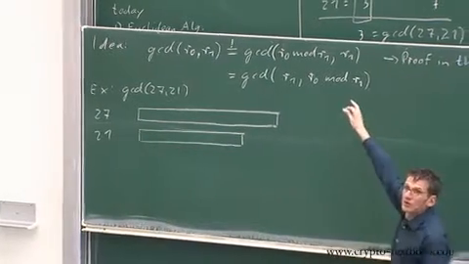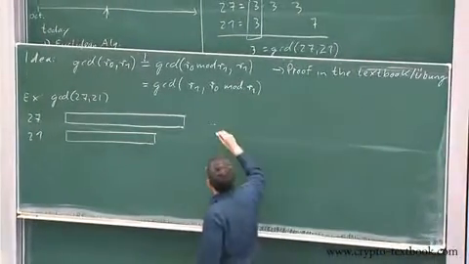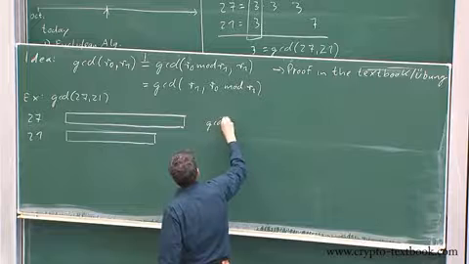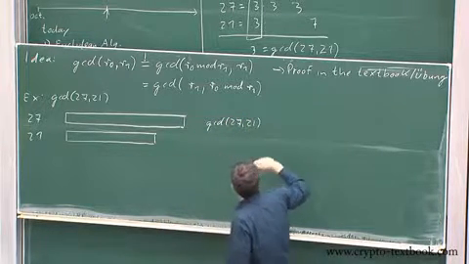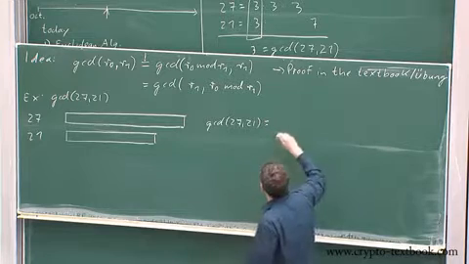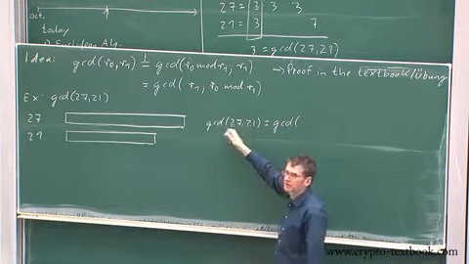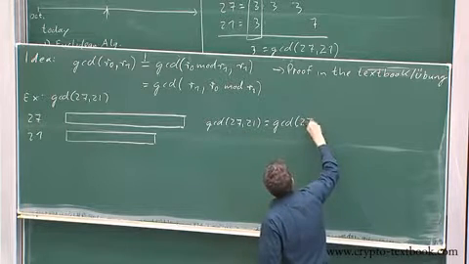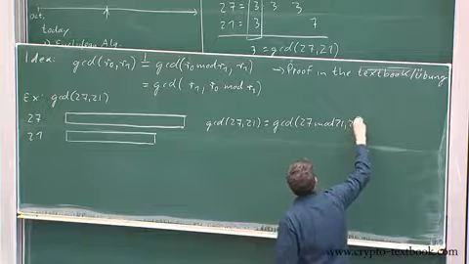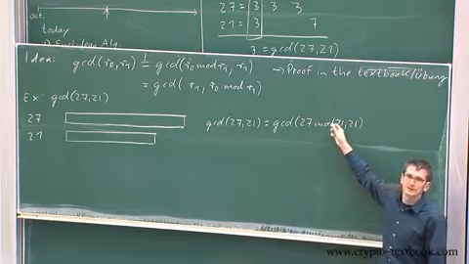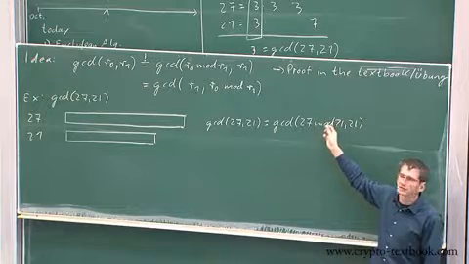So, what this reduction tells us is that the GCD of the original problem can be reduced to, does anyone know what, maybe let's write it down, 27. What is this here? 27 modulo 21, what's the remainder? 6, very good.